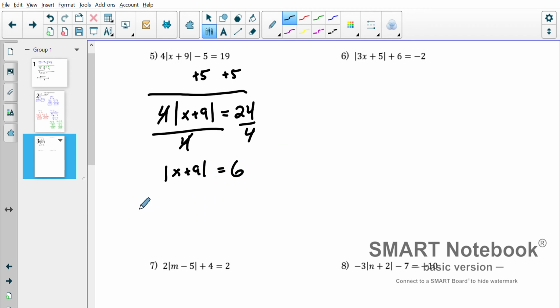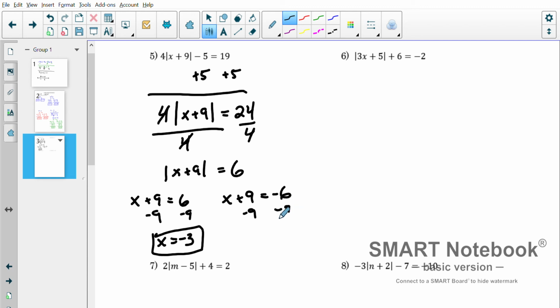Here is where I can go ahead and split it up to find both values. x plus 9 equals 6. x plus 9 equals negative 6. When I subtract 9, my first value is x equals -3. When I subtract 9, my second value is x equals -15.